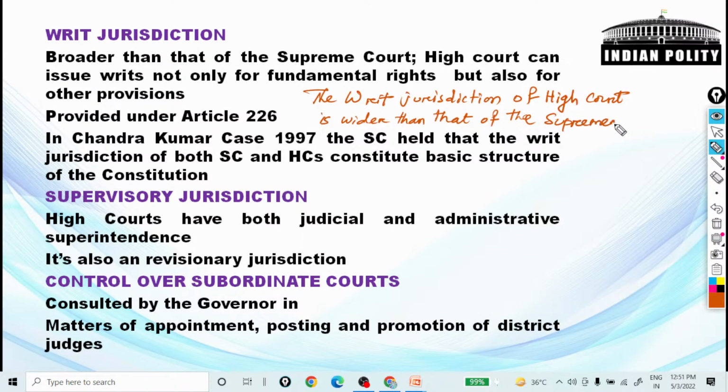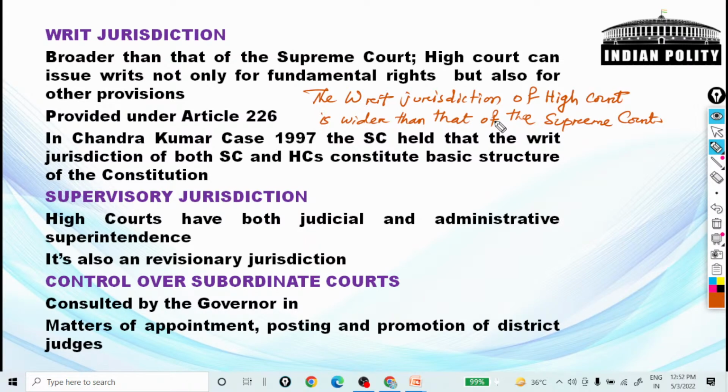The Supreme Court can entertain writs only if they are related to fundamental rights. But the High Court can issue writs not only if the matter is related to fundamental rights but also for other matters. So that is also the biggest difference. Hence Article 226 is wider than Article 32.